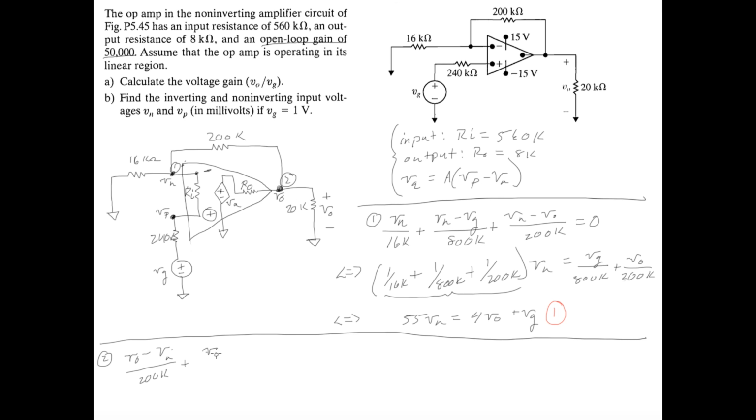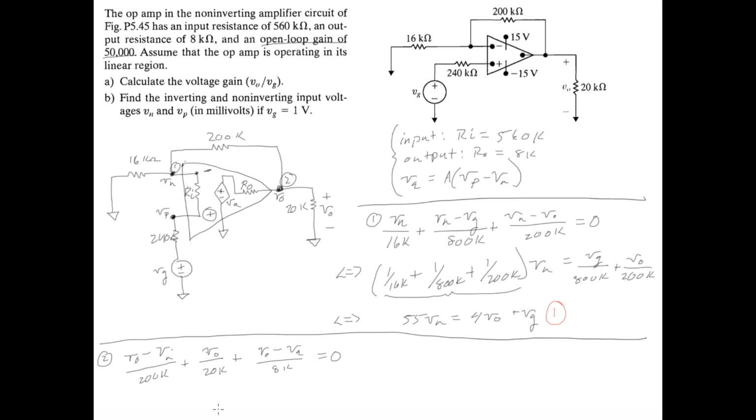So V0 minus 0 is just V0 over 20K. And our last current is just going to be V0 minus this voltage source VA divided by RO. So we have V0 minus VA over RO, which we set up here was 8 kilo ohms, so 8K. And all of this is going to be equal to 0.